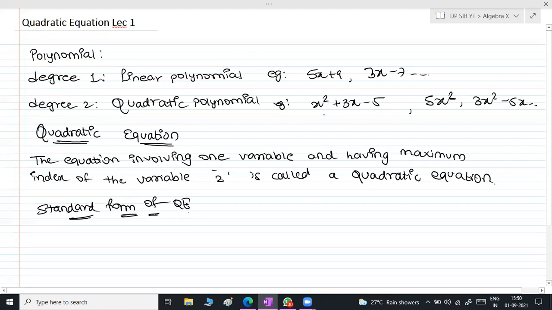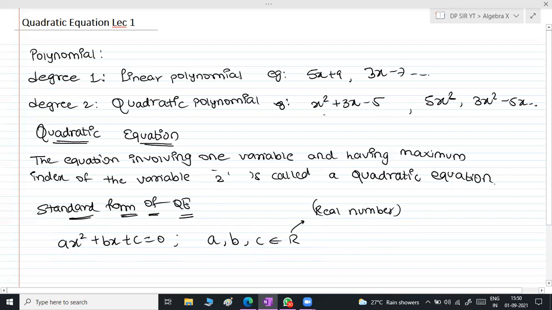The standard form of quadratic equation is nothing but ax square plus bx plus c is equal to 0, where a, b, c belongs to real numbers. This R stands for real number. Please get used to this mathematical language now. And here a should not be equal to 0.